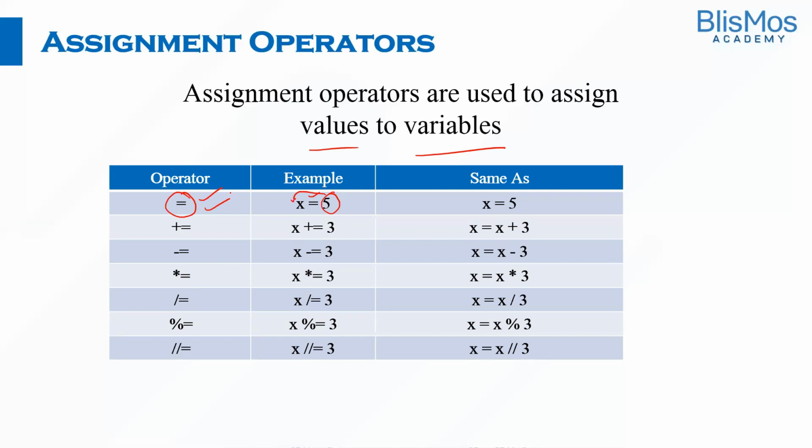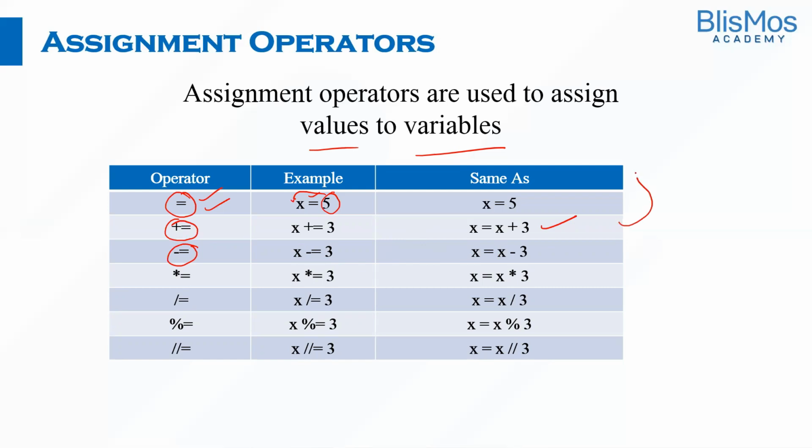But there are other assignment operators also. For example, you can see plus equals. What it essentially means is x is equal to x plus 3. And same is the case here. We have minus equals. What it means is when we have a variable and 3, that means x is equal to x minus 3.